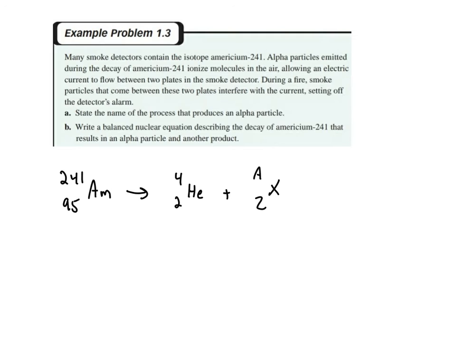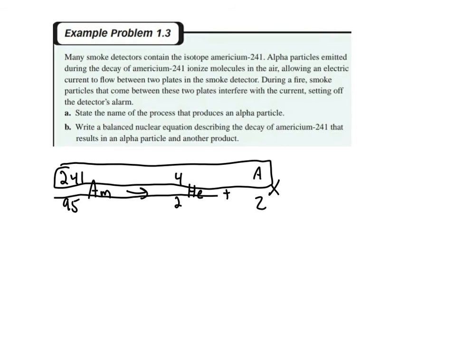Now, what we do know is that the number of protons and the number of neutrons has to be conserved. So it has to be equal on either side. If we take a look at this, and I'll just put a box like this, these numbers right there are connected, and these numbers right here are connected. And so the 241 has to equal 4 plus A, and the 95 has to equal 2 plus Z. I think we can already see what's going to happen here.